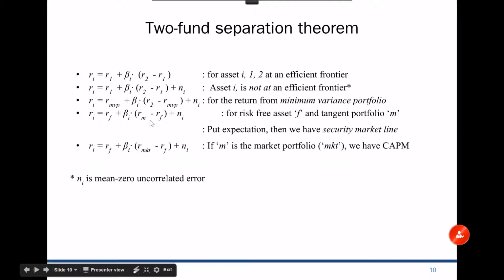In this case, it is not yet the capital asset pricing model. It is the risk-free asset, and RM is any portfolio on the efficient frontier. If we change any portfolio on the efficient frontier into the market portfolio, then we have the famous capital asset pricing model. If M is the market portfolio, we have the capital asset pricing model.